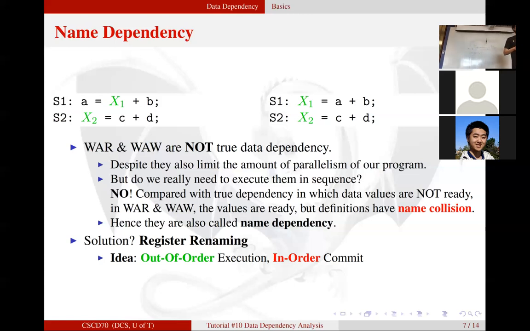We allow the machine to execute S2 before S1, or in any order, in the registers. But when they want to commit to memory, we require in-order commit to respect the program order. That is the key idea here: we do out of order execution, but in order commit to respect the program order.